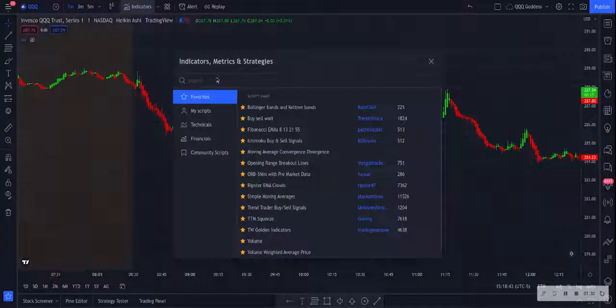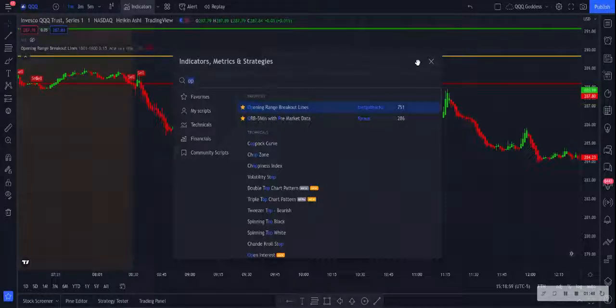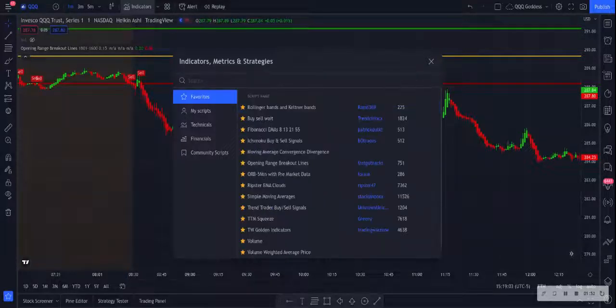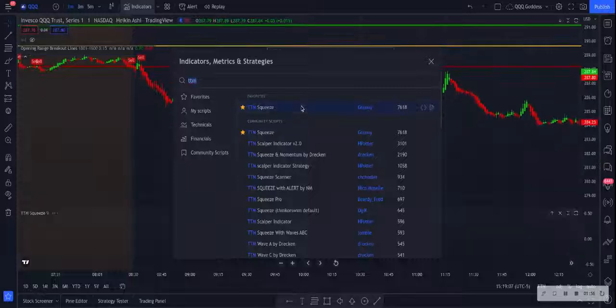The first indicator we're going to add is the open range breakout lines, and it's by Tret Hacks. Next, we're going to add the TTM trend, the TTM squeeze on here.